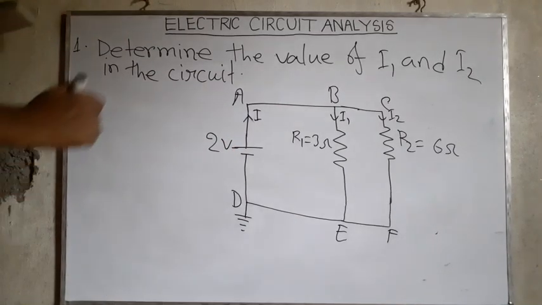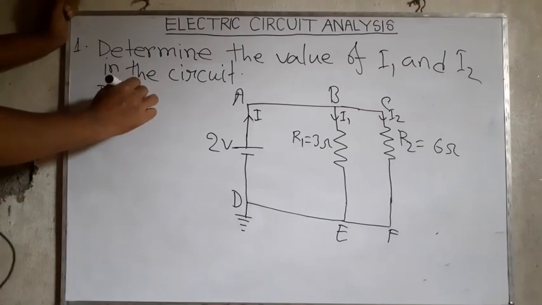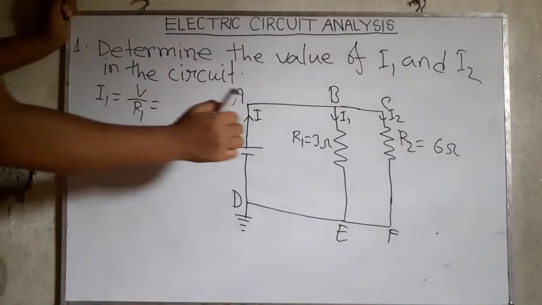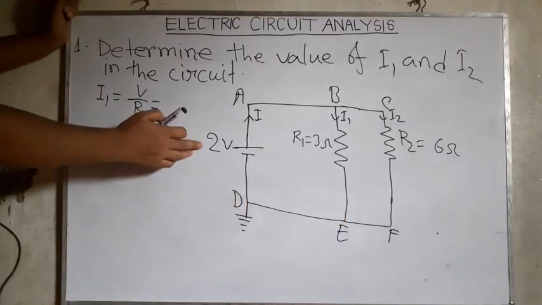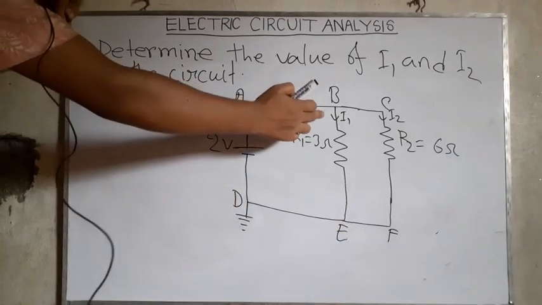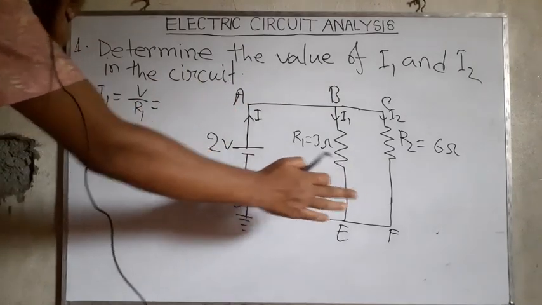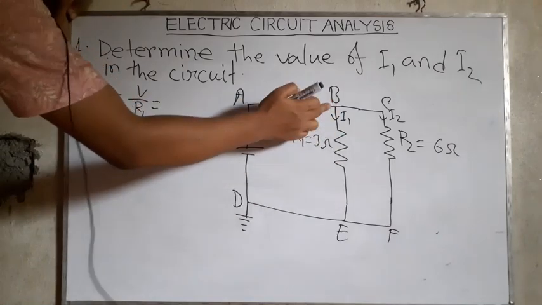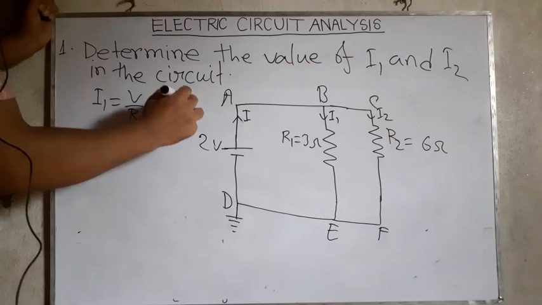Now current I1, according to Ohm's law, is equal to V divided by R1. Here the potential difference between B and E is 2 volt. That is, at A, B, C the potential is 2 volt and at D, E, F 0 volt. That is, the potential difference between B and E is 2 minus 0, that is 2 volt, divided by R1 which is 3 ohm.